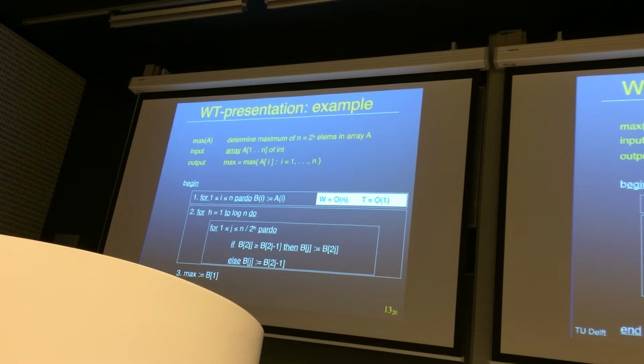So what's the total time complexity of this for loop? The time complexity is still O(1), because all these statements are performed concurrently. And for the work complexity, you see that these statements are executed n divided by 2 to the power h times. So the work complexity is O(n divided by 2 to the power h).